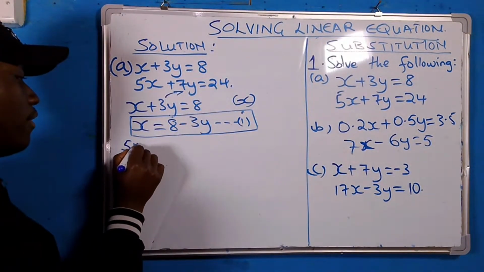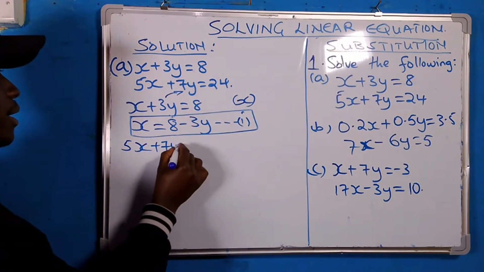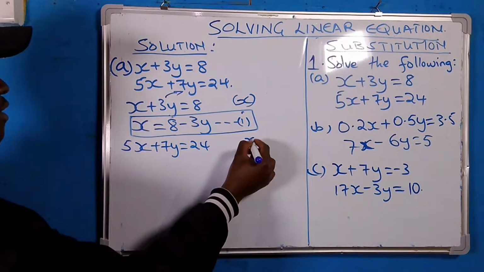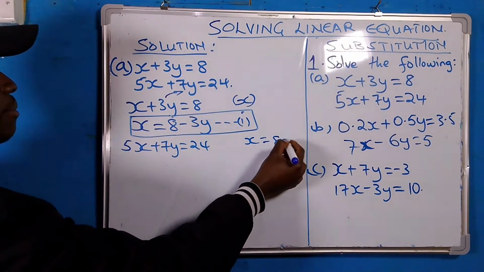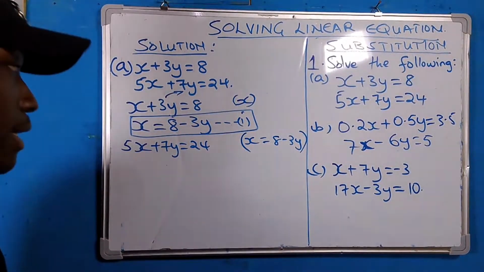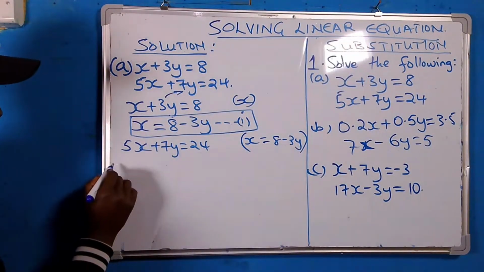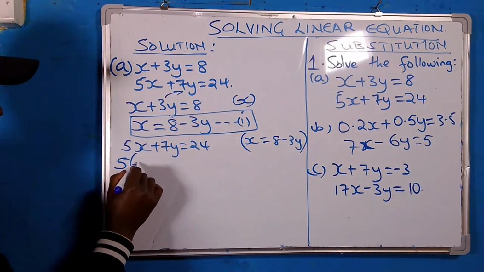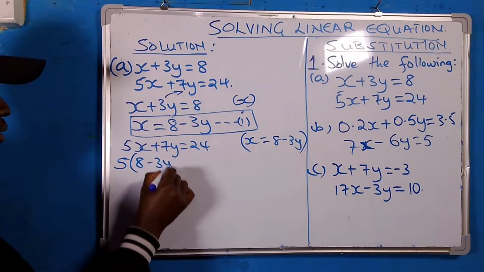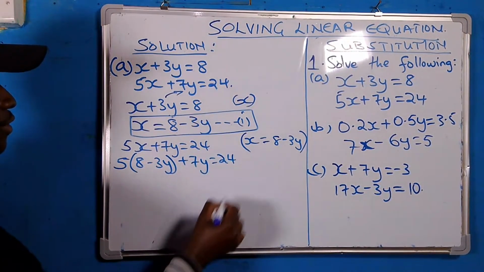So we have 5x plus 7y is equal to 24, having x as 8 minus 3y. x is equal to 8 minus 3y. So we will replace x with 8 minus 3y and have 5 into bracket 8 minus 3y, plus 7y is equal to 24.